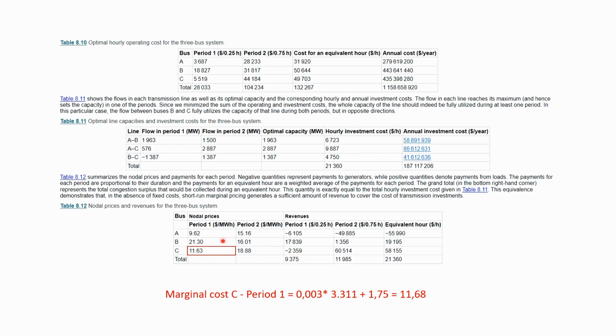And what you also can see here is that when we calculate the amount of money that the generators will receive here in period 1 and how much the producers will pay here in period 1, then we can see that there is an excess amount of money, and this excess here is equal to the bottleneck income. And this here is also the bottleneck income from period 2, and when we add these two together, we get the total bottleneck income.